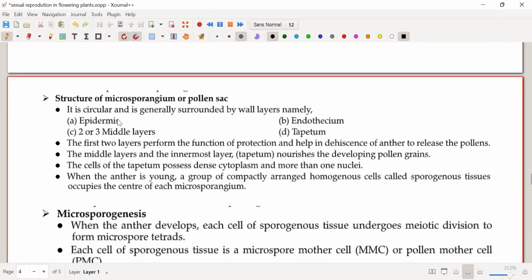As we saw now, it has an epidermis, endothecium, 2 or 3 middle layers, then tapetum. The first 2 layers, that is epidermis and endothecium, perform protection and help in dehiscence. What is dehiscence? Breaking of anthers to release the pollen grains from the anther.